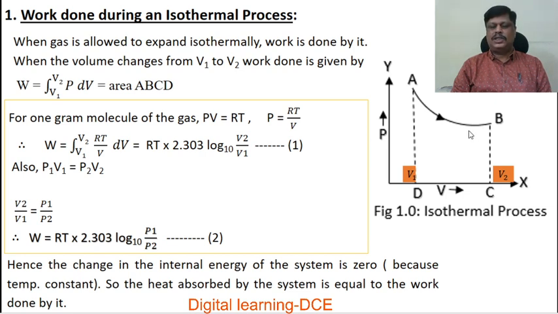And also you know that the area under the PV diagram, or indicator diagram, gives the work done. So by calculating the area under this isothermal curve, we can obtain the equation for work done during an isothermal process.